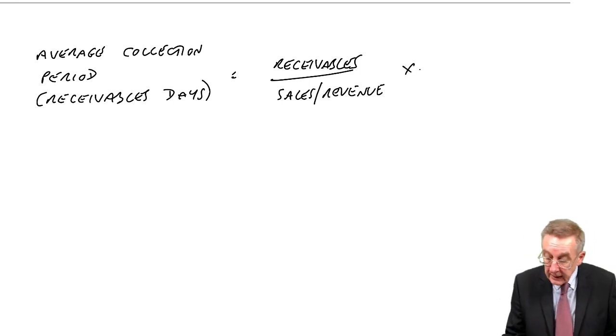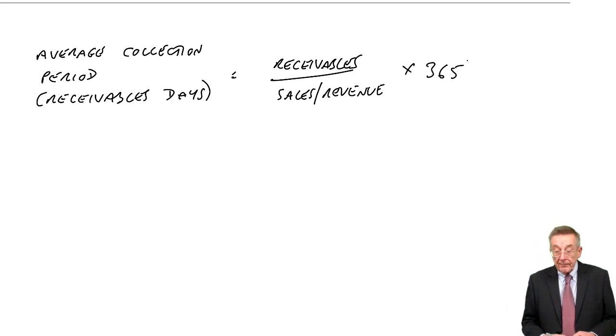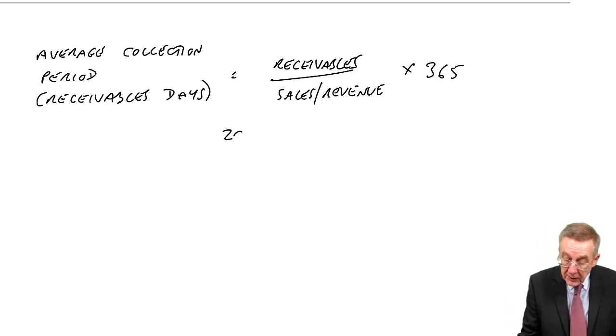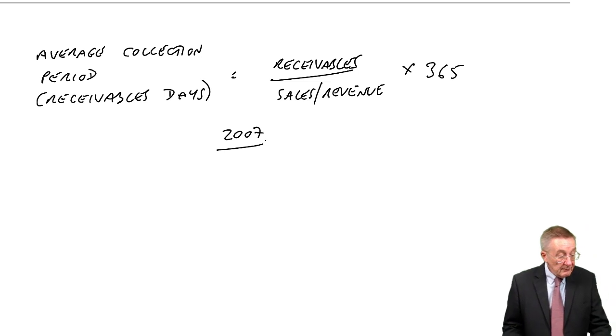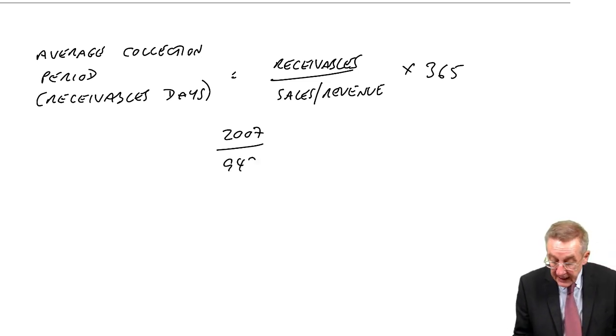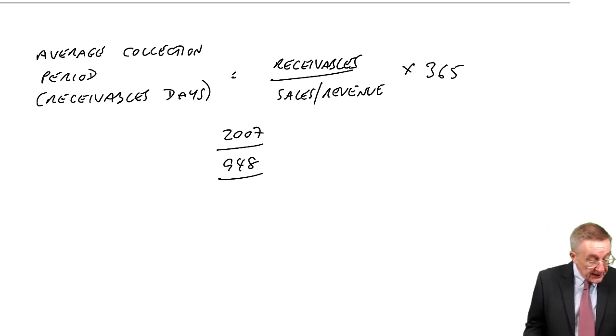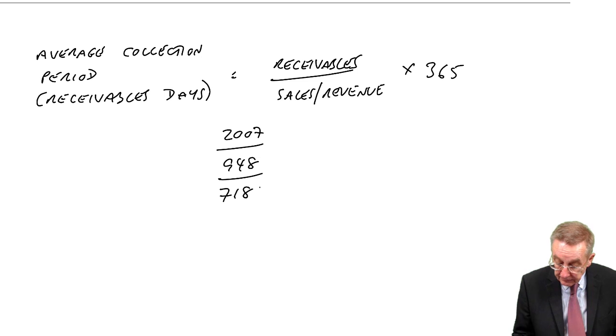And we multiply by 365 because there are 365 days in a year. So see what I mean with 2007? Our receivables were owed 948. Our total sales are 7180.